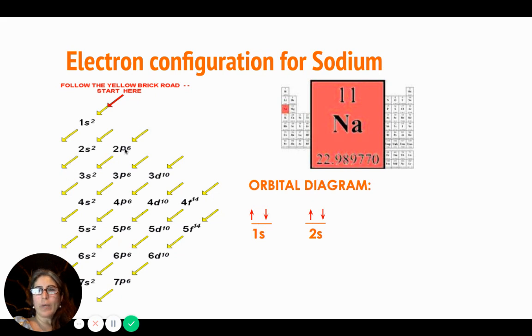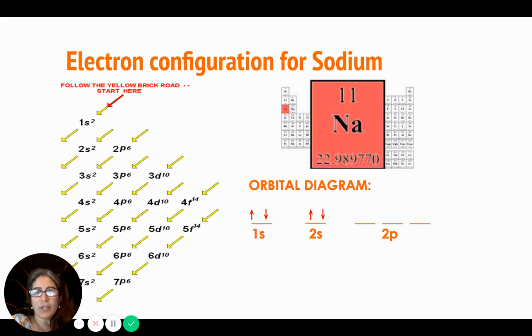Now we have to open another room. How many rooms do we need to open? As many as we need to fill the 11 electrons. Okay, so we have to keep going. Now we open the 2p. In the 2p, you must place the 3 lines or the 3 boxes. It's like in the house, you have 3 rooms.